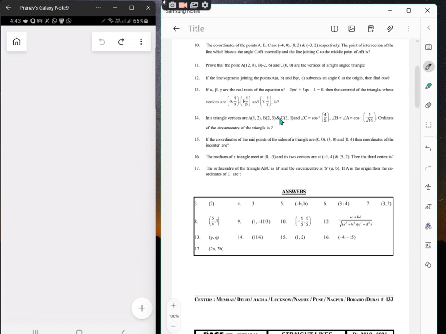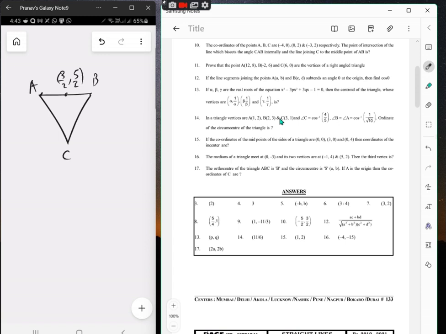Okay, let's continue. Where were we? This was A, B, C. This point was the midpoint of A and B, 3 upon 2 and 5 upon 2.